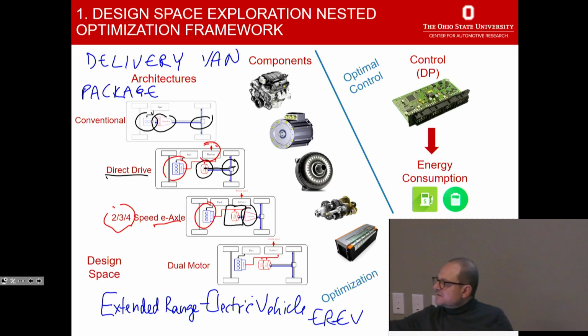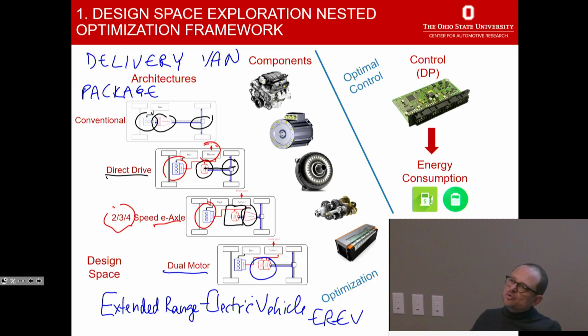Finally, the last configuration that you could consider is a dual motor. And I could say I still can go to a direct drive, but now I'm going to have 2 electric machines. And you say, why would you do that? You already could do it with 1 electric machine. But if I am driving at relatively low loads and speed, a single larger electric machine will probably operate in a relatively low efficiency region.